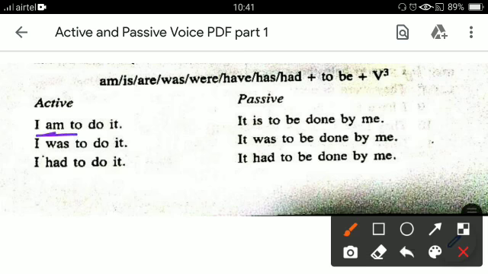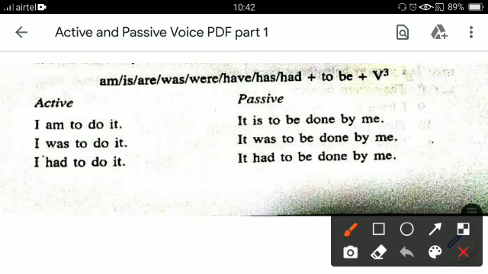When there is am, is, or are, it represents present tense, was represents past tense, had represents past perfect tense. Even if you don't remember the tense's name, that's okay. Just remember, if there is is, am, or are, here also will be is, am, or are according to the subject. You see, it's very easy.